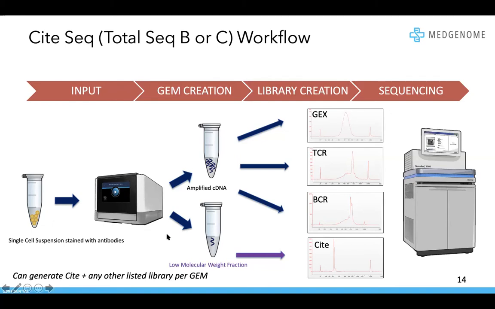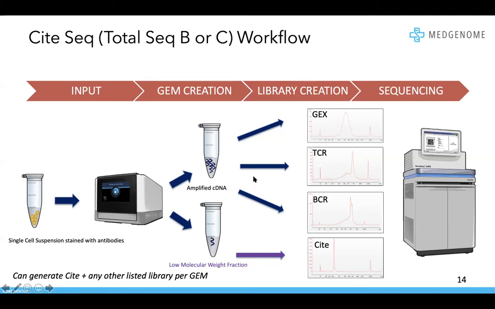You do your PCR amplification here, but unlike what I showed you earlier with just the TCR BCR sample, you end up with two tubes because you are also amplifying the antibody oligotag. So you do a size selection at this point, and you end up with two tubes: the larger fragment, which is the amplified cDNA, and the smaller fragment, which is the amplified antibody oligotag.